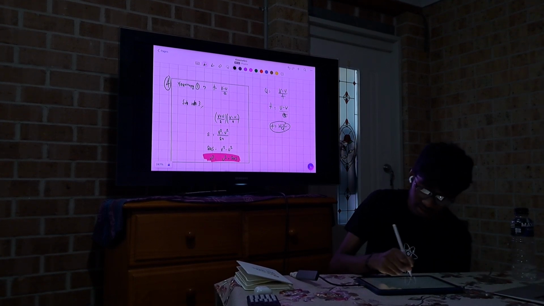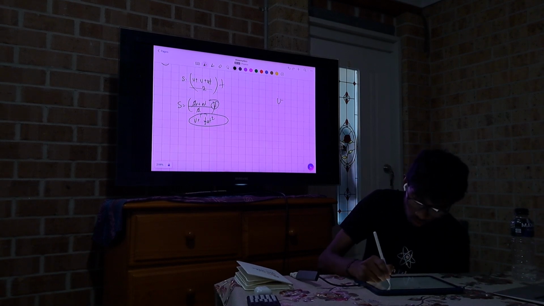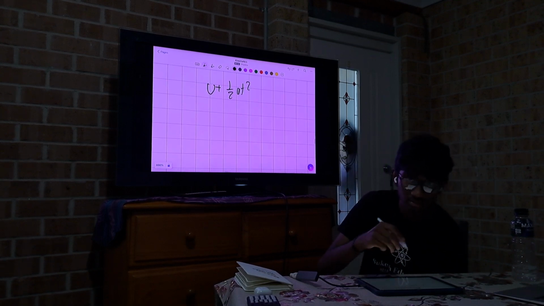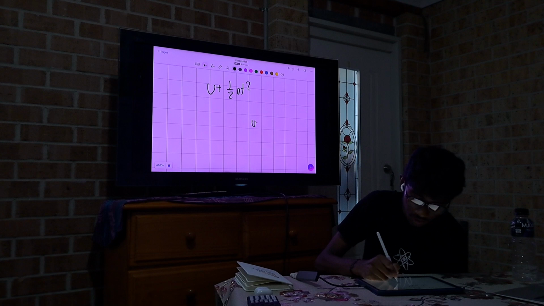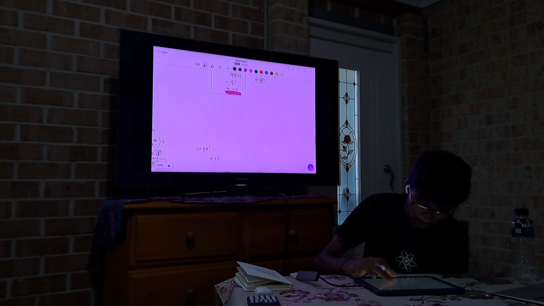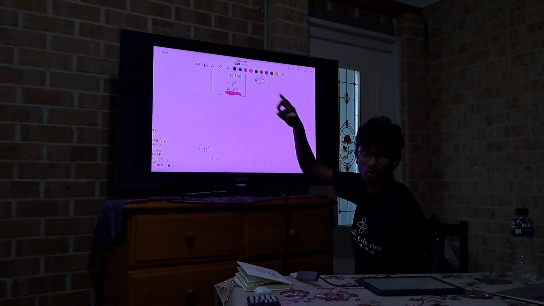And then you're using this to substitute into equation 3, which you just found, which is s equals ut plus half at squared. So substitute t in there, folks. So u plus half a, what's t squared? Well, you know t squared is equal to v minus u over a, squared.